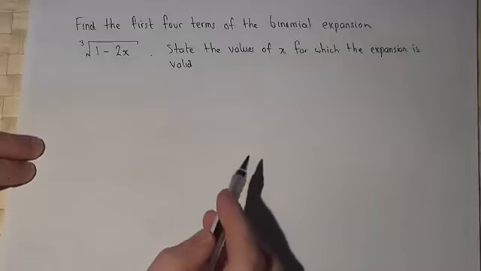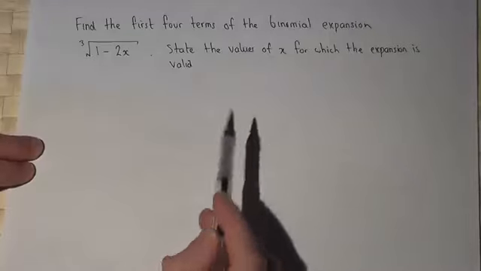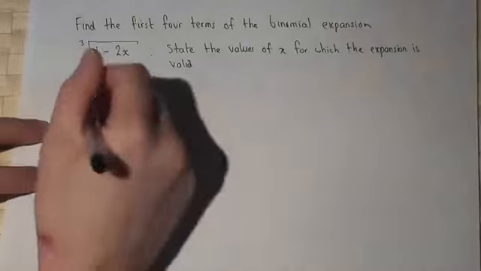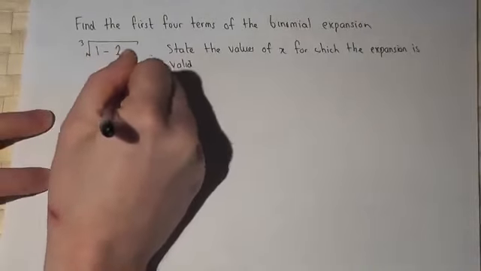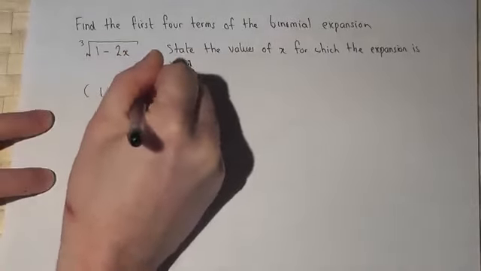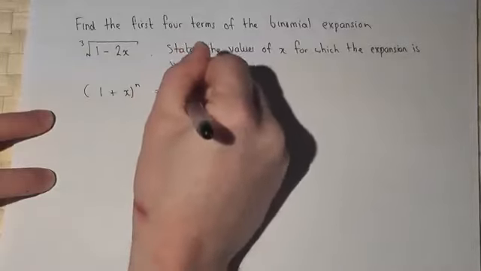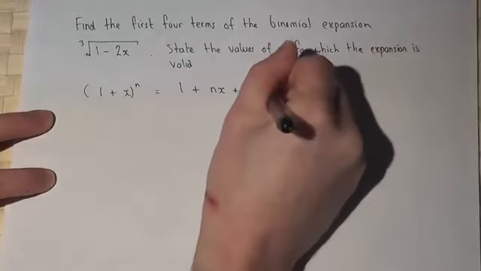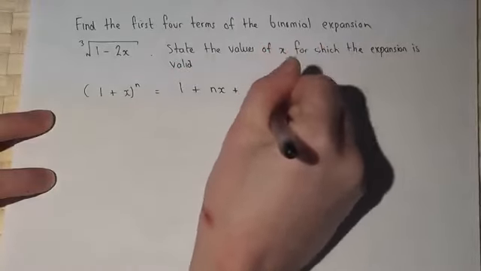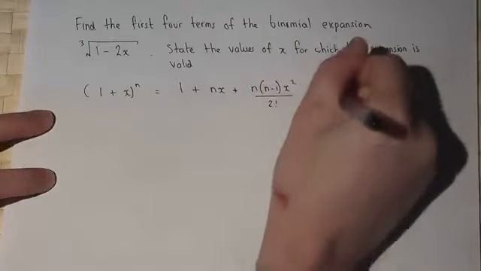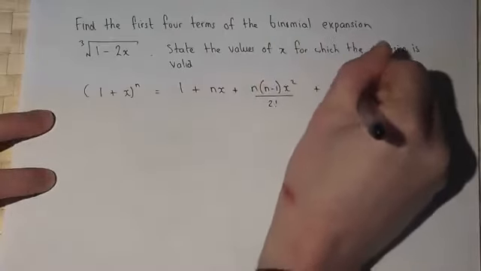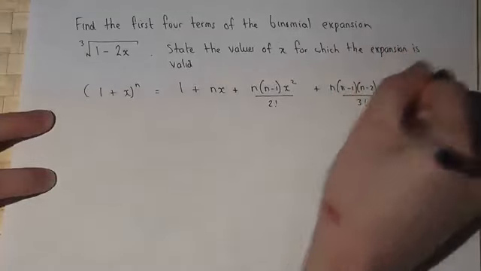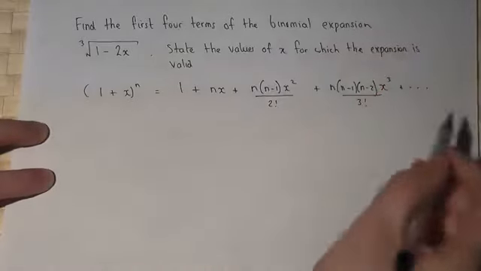This video talks through how to expand an expression of the form cube root of a function. Now generally, if we have (1 + x)^n, then the expansion is 1 + nx + n(n-1)x² over 2 factorial + n(n-1)(n-2)x³ over 3 factorial, plus, and it keeps on going.